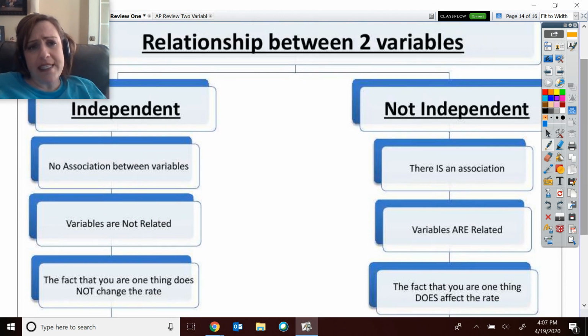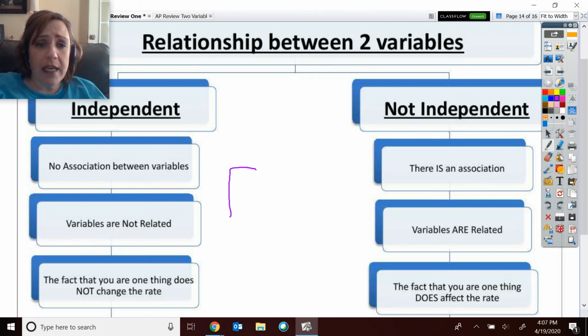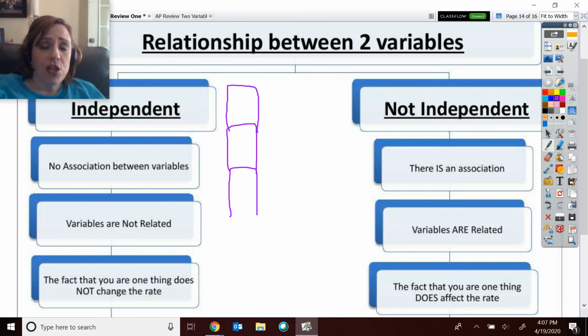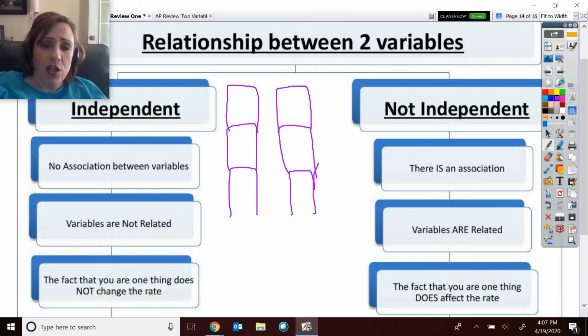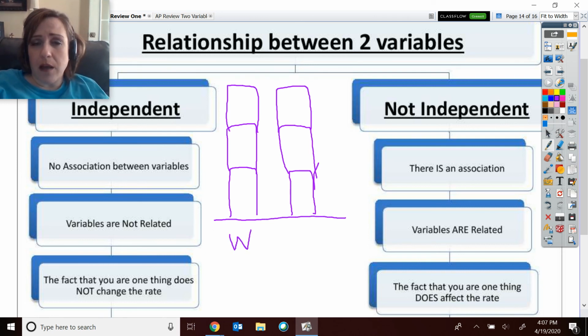The time that we see this occurring in this unit is if we were comparing two stacked bar graphs together, and we saw something like this, where this would be the males and the females, and these are the people who watched the Super Bowl game for the game itself.